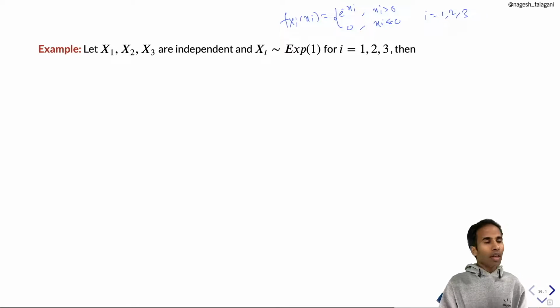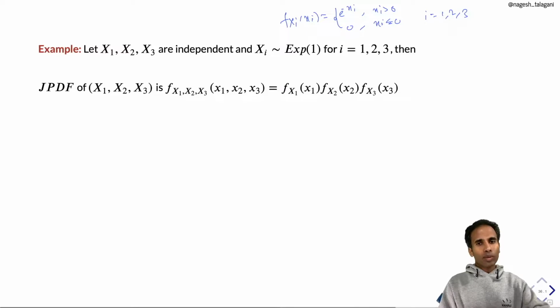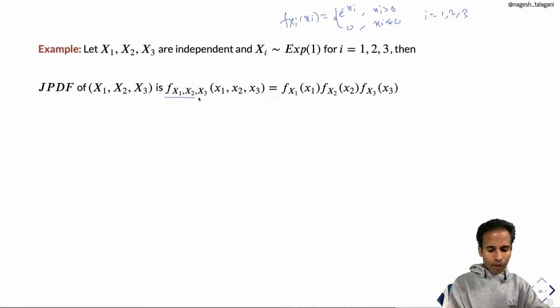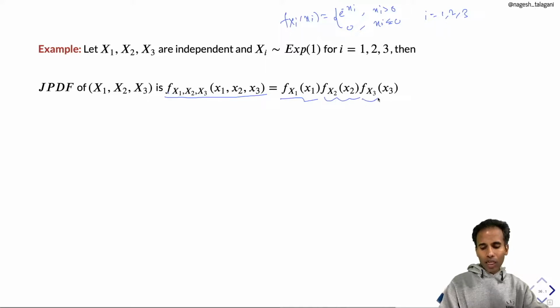Now, here X1, X2, X3 are independent, so the joint PDF of X1, X2, X3 must be the product of the marginal PDFs. That is, the PDF at x1, x2, x3 is fX1 of x1 times fX2 of x2 times fX3 of x3. So this is equal to e to the power minus x1 times e to the power minus x2 times e to the power minus x3 for xi positive, for i equal to 1, 2, 3, and 0 otherwise.